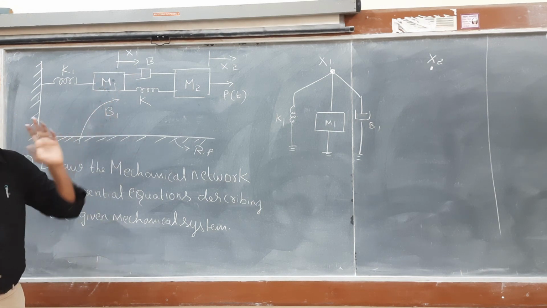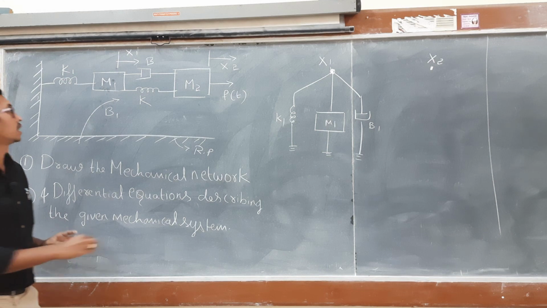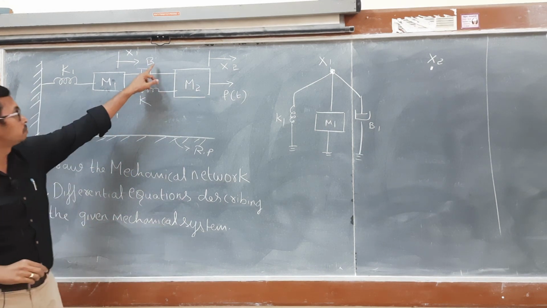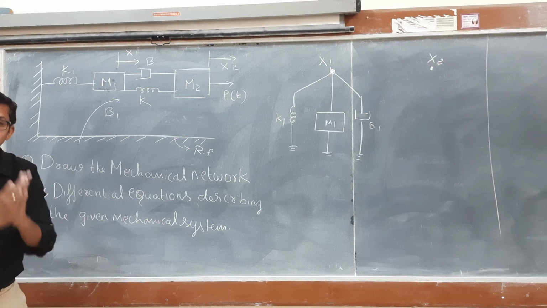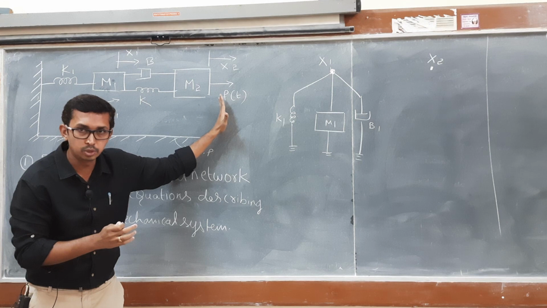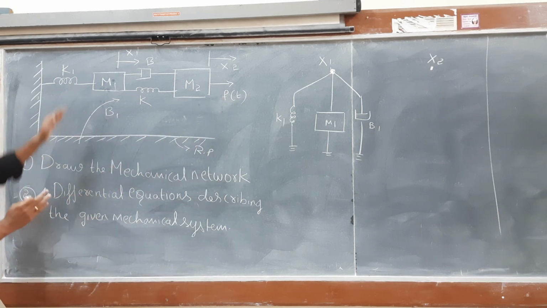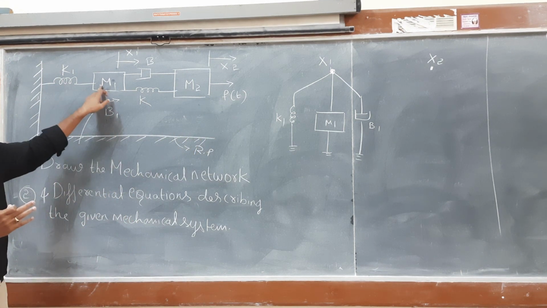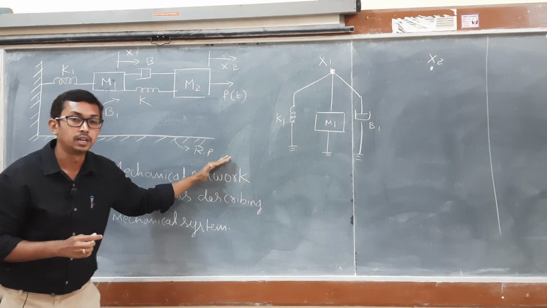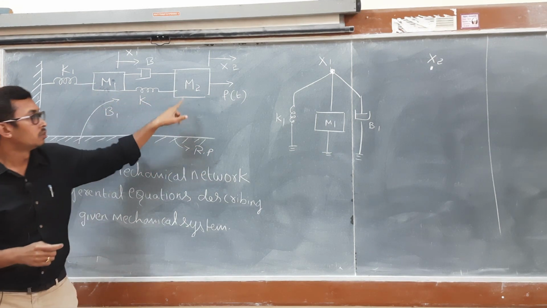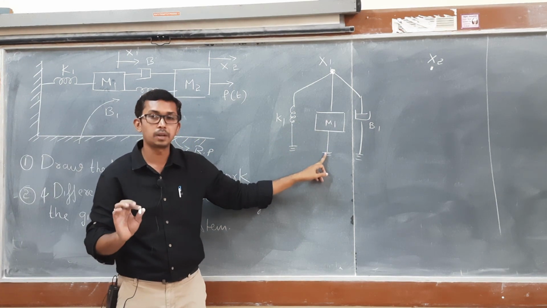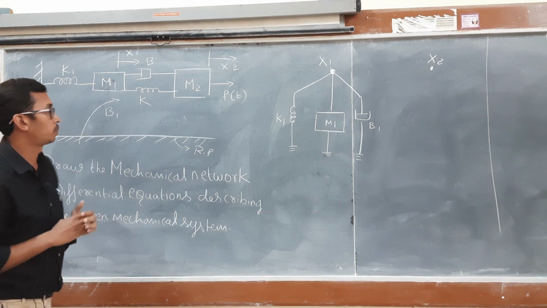Not only that, there are another two components, B and K. This B and K are associated with both the masses, M1 as well as M2, whereas K1, B1 and M1 are represented with the reference plane. Always, the mass will be represented with the reference plane only.